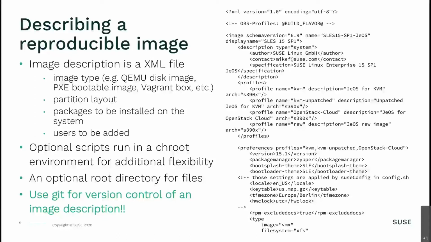You can also add optional scripts that will be run in the chroot environment for additional flexibility. You can also drop customized tarballs or additional files into a root directory structure.